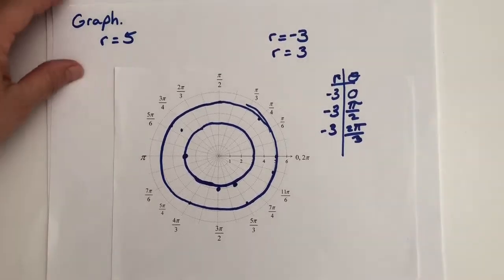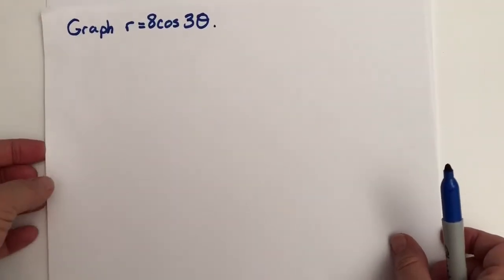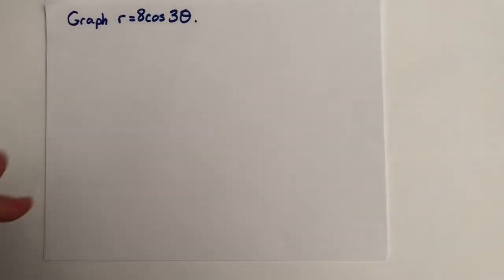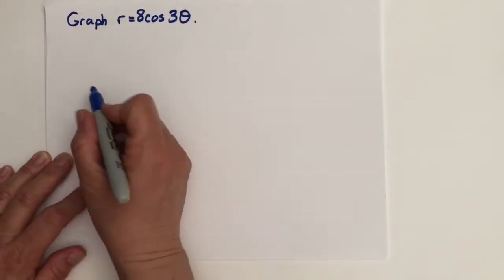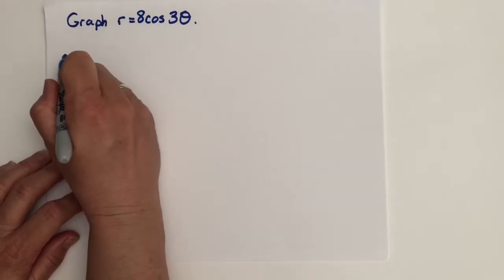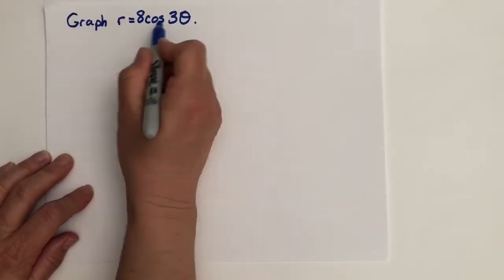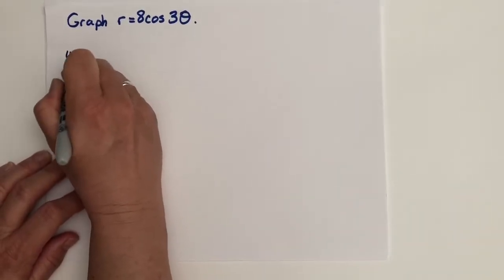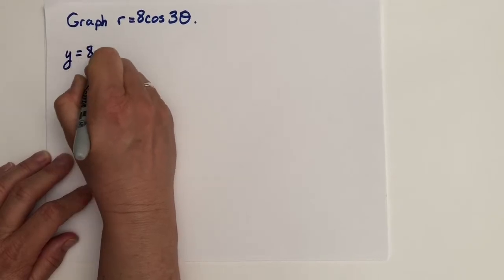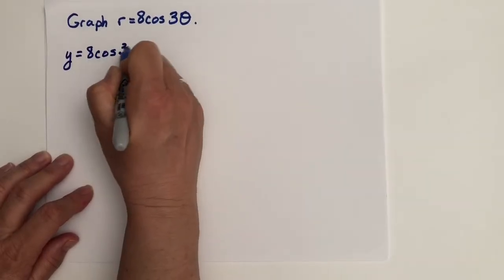Let's do another one. Let's graph r equals 8 cosine 3 theta. I hope you recognize it as a rose curve. So as we've done before, I'm going to graph first the rectangular graph that relates to this. So I'm going to graph y equals 8 cosine 3x.